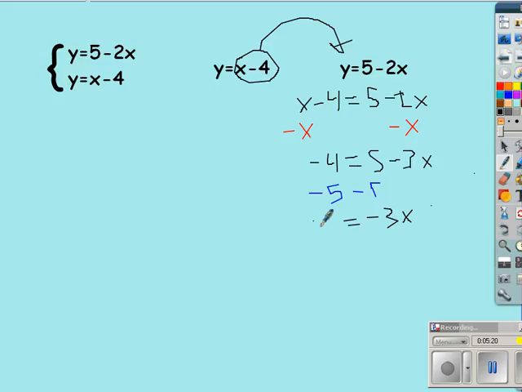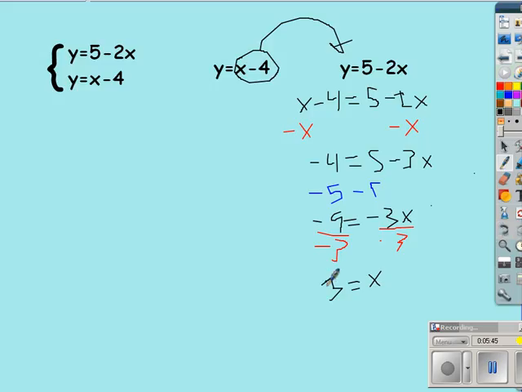It's going to equal negative 9. And then I'm going to divide both sides by negative 3. Forgive me, the board is not cooperating. And x is going to equal, remember, a negative divided by a negative ends up equaling a positive 3. So we solve for x. We have that x equals 3.